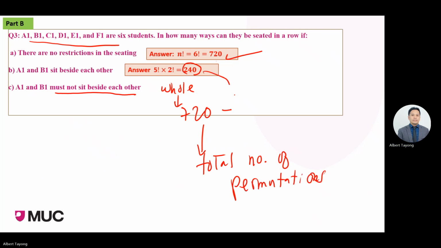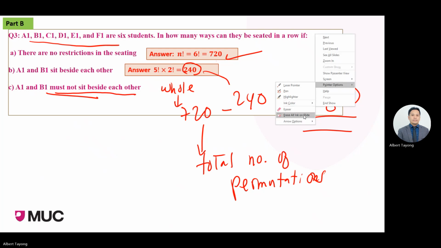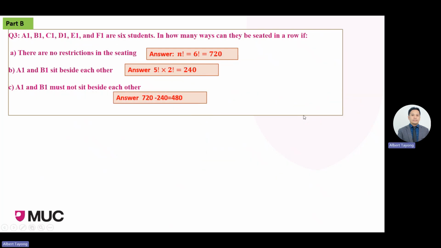Minus 240, the opposite of must not sit beside each other, equals 480 possibilities, 480 permutations. All right, so these are the answers.